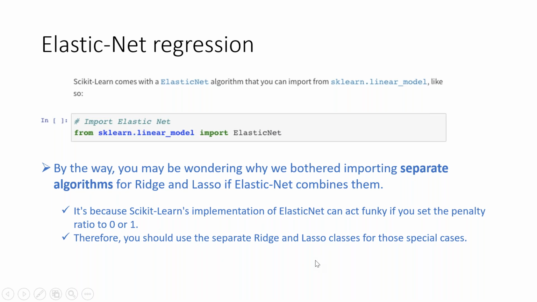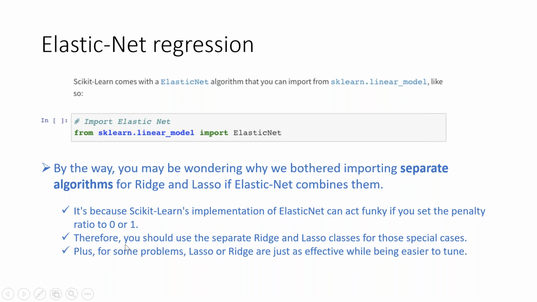Therefore, you should use the separate ridge and lasso classes for those special cases. Plus, for some problems, lasso or ridge are just as effective while being easier to tune, so you don't even need to go for elastic net.